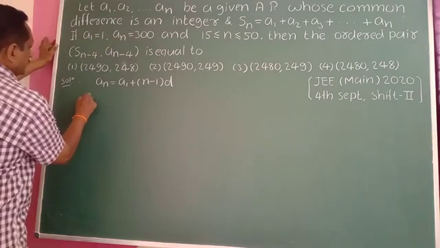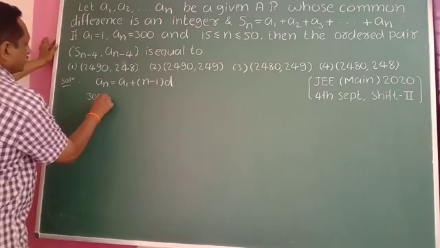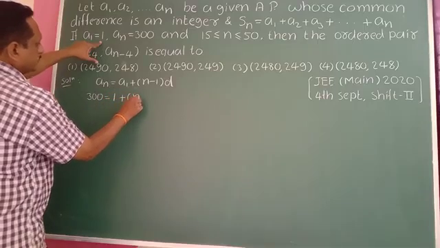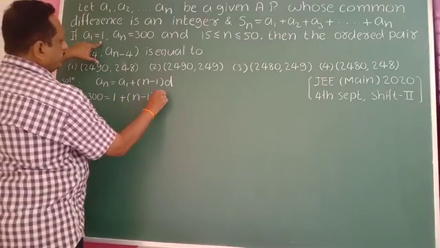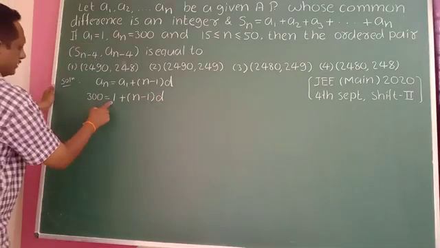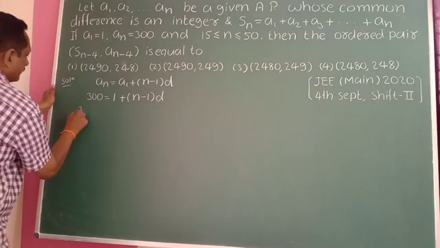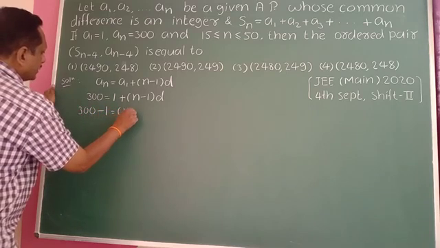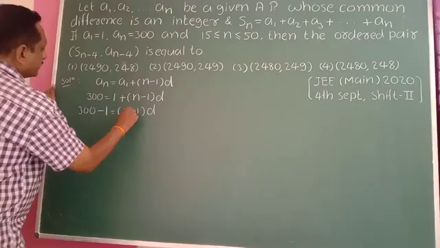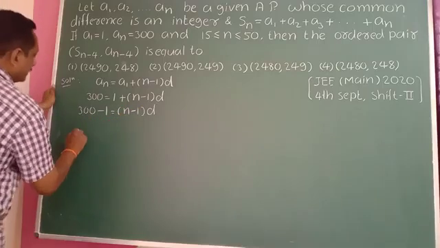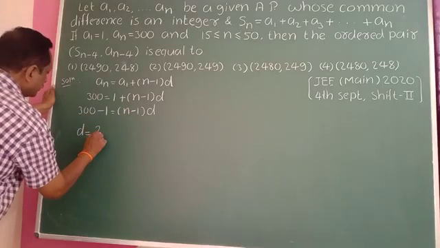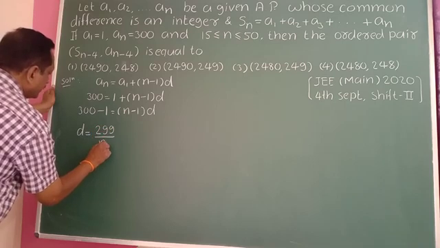So therefore 300 is equal to A1 is 1 here plus (N minus 1) into D. Take 1 this side here, 300 minus 1 is equal to (N minus 1) into D. And cross multiply, yes, D is equal to 300 minus 1 becomes 299 divided by (N minus 1) here.